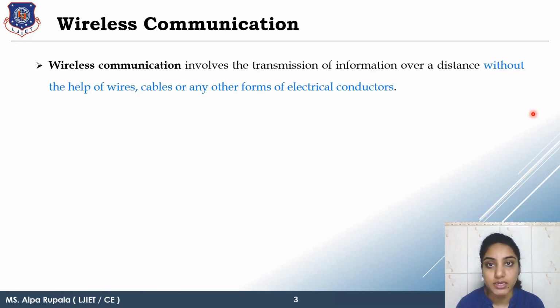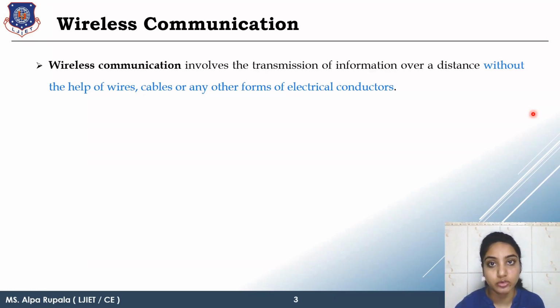Now this can be in wired form or in wireless form. So what are the wired and wireless forms? You also know that we have two types of communication channels available: wired communication and wireless communication. Wired communication means we are transferring data via a physical medium.